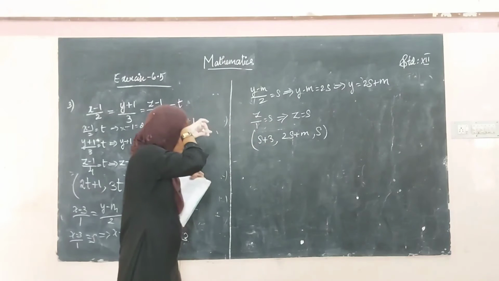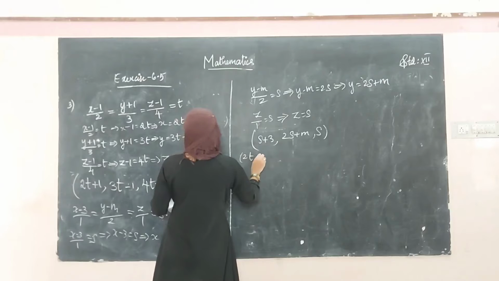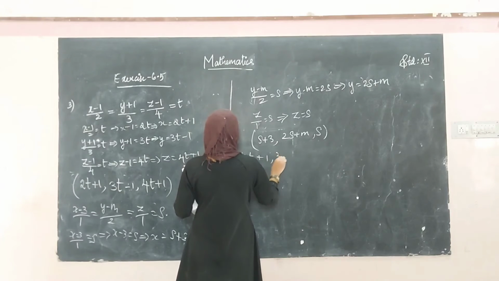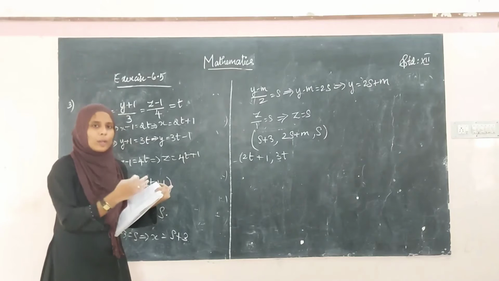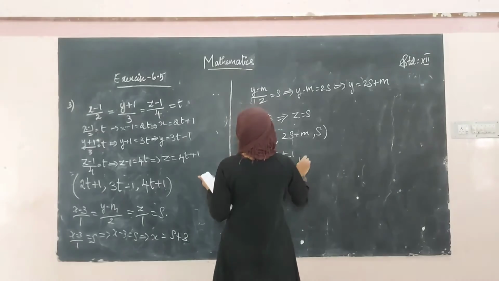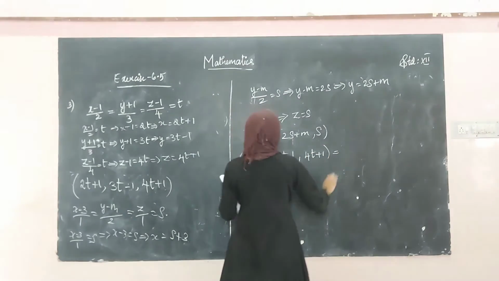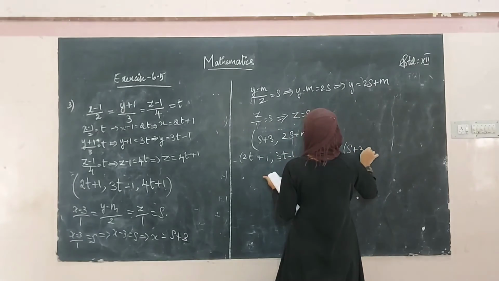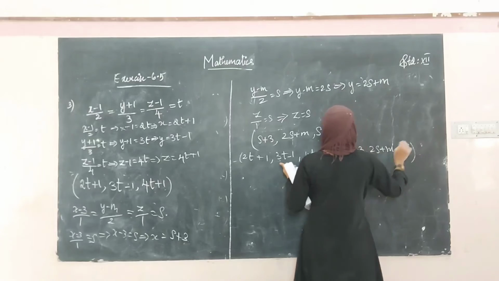Okay, now what we have to do is equate both the points, because they are both intersecting, which means the point of intersection will be the same. So 2t plus 1, 3t minus 1, 4t plus 1 equal to s plus 3, 2s plus m, s.